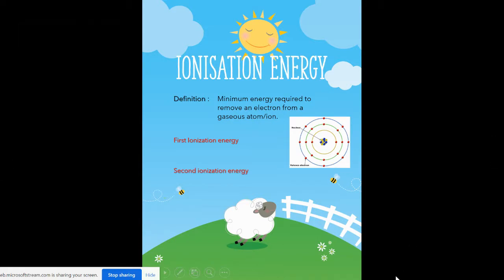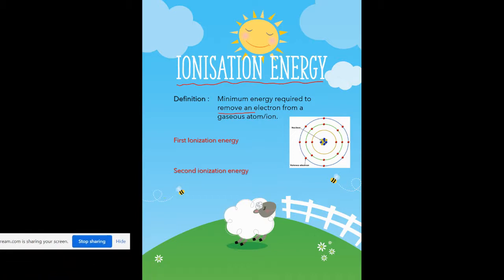The process is called ionization energy. The definition of ionization energy is the minimum energy required to remove an electron from a gaseous atom or ion.